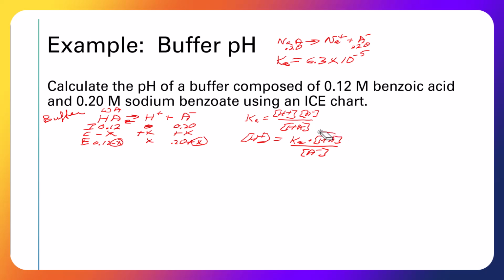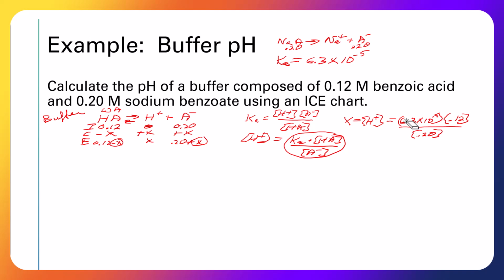Since we've already arranged our equation to solve for the hydrogen ion concentration, which is X, X is equal to the Ka, 6.3 times 10 to the minus 5, times my HA concentration, which is 0.12 molar, divided by my weak base concentration, which is 0.20 molar.